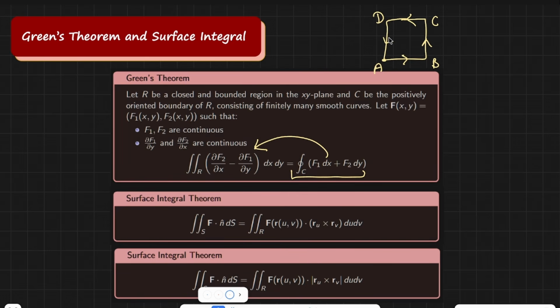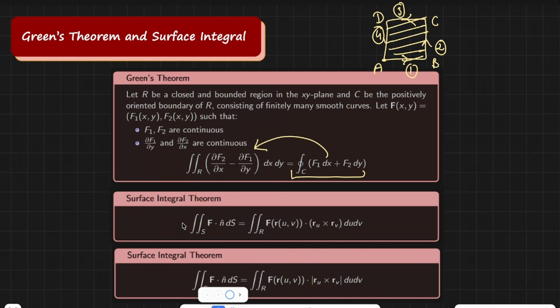In this case, we have to solve 4 line integrals: first this one, then this one, then this, and then this. But using Green's theorem, we will take delta f2 by delta x minus delta f1 by delta y, and then apply the area concept. Then it will give you the line integral as a single integral. Okay, this is how we will solve.